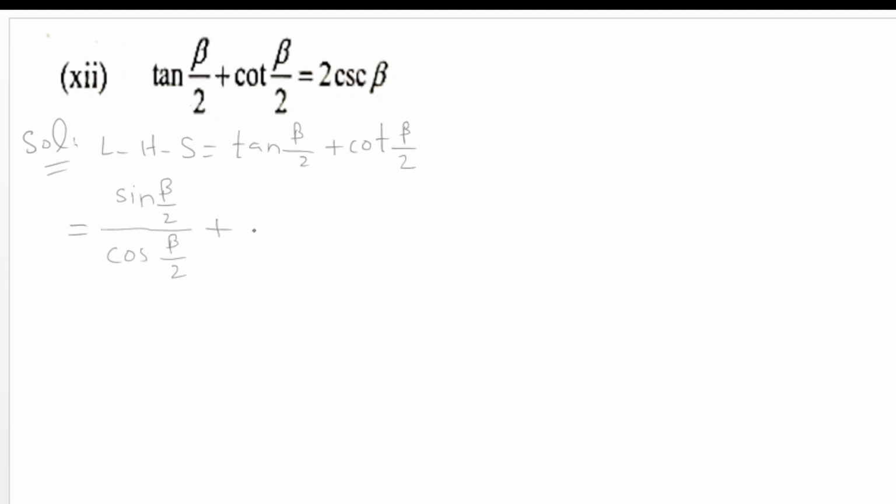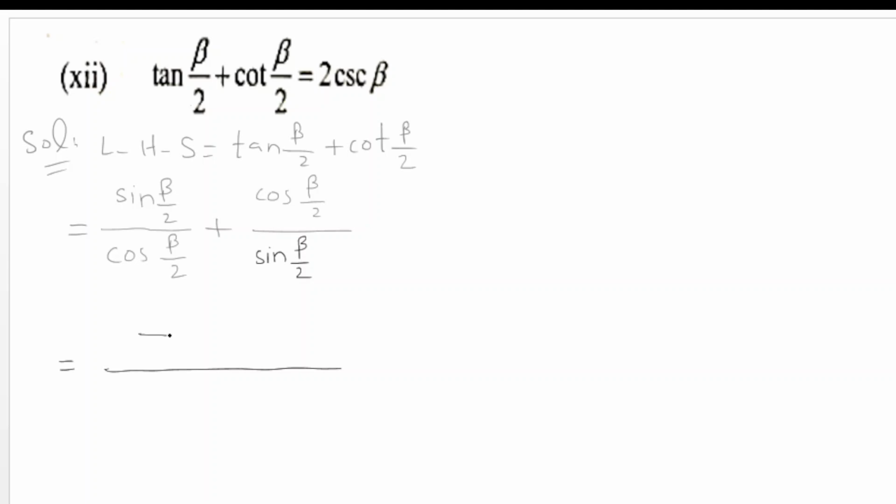Here we will write cot. For cot we need to write cos beta by 2 at the numerator and the denominator we will write sine beta by 2. Okay, so the two fractions are there, in between there is a positive sign, so in a simple way we will just do the LCM.